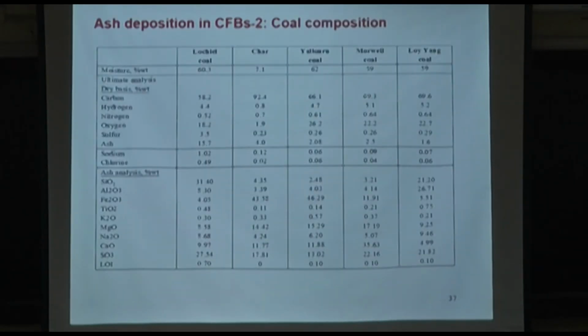Ash analysis is done in different ways. It can be done by X-ray fluorescence, but it can also be done by ICP, inductively coupled plasma. You can do it yourself if you have access to an X-ray fluorescence instrument.